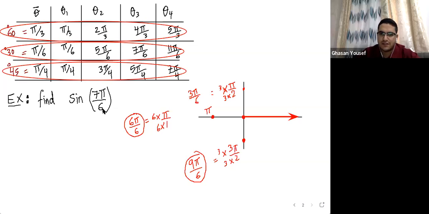Still 7 pi over 6 is greater. This point is 3 pi over 2; multiply both sides by 3 and you get 9 pi over 6. 9 pi over 6 is greater than 7 pi over 6. So this angle must be in the third quadrant. So it's supposed to be here. Here is my location for this angle.